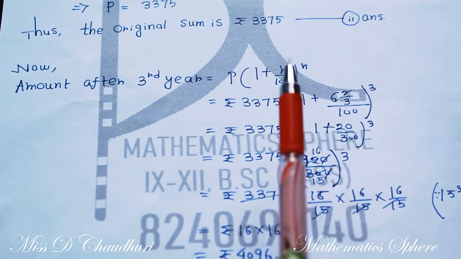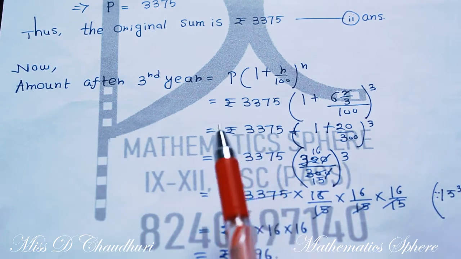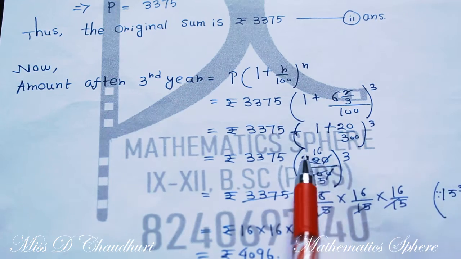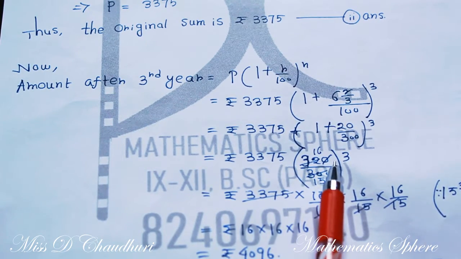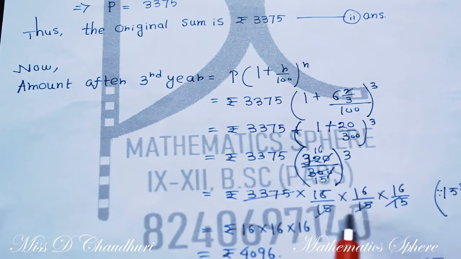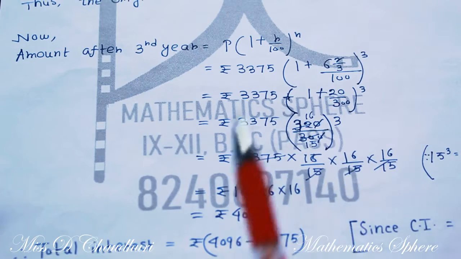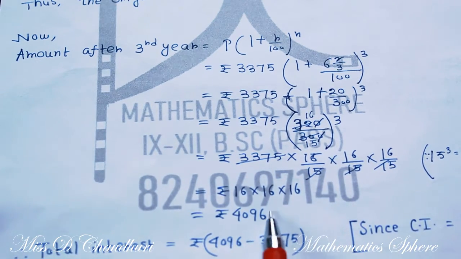You need not use the second year or third year, no need of doing all those things. You directly calculate it. This will become 320 by 300, because 1 plus 20 by 300 was there. Ultimately after every calculation, we are going to get that the amount after the third year will be 4096.